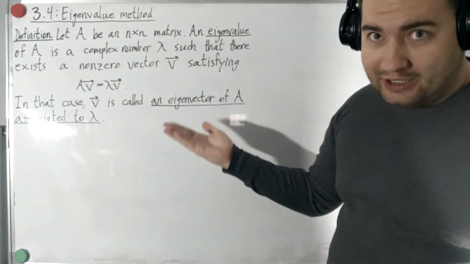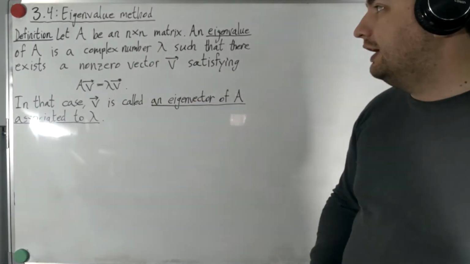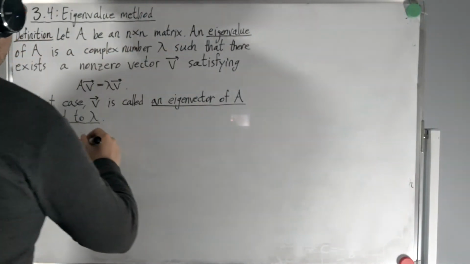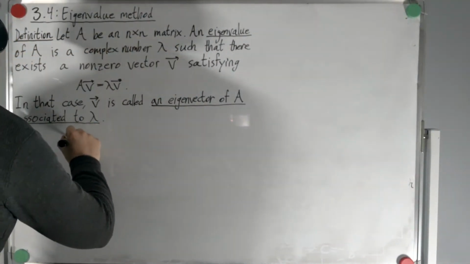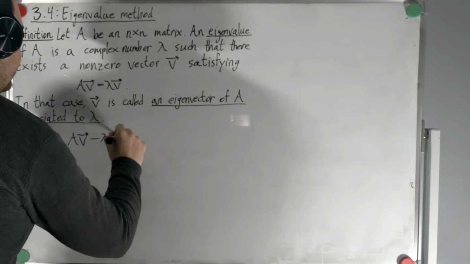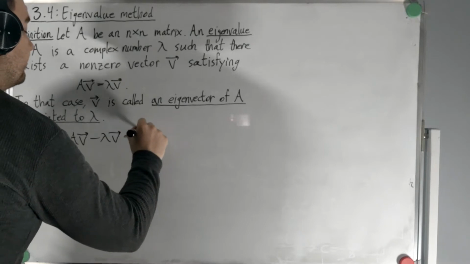That's the definition of eigenvalue and eigenvector. I want to point out this is the exact same thing as A times v vector minus lambda times v vector equals the 0 vector.